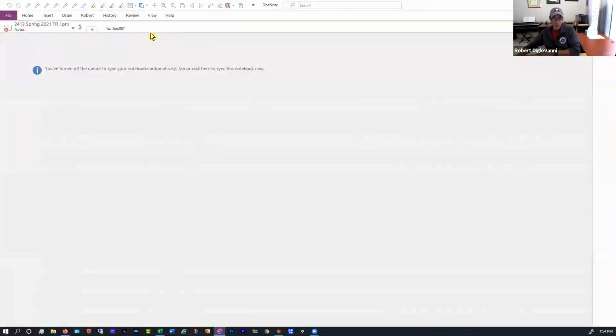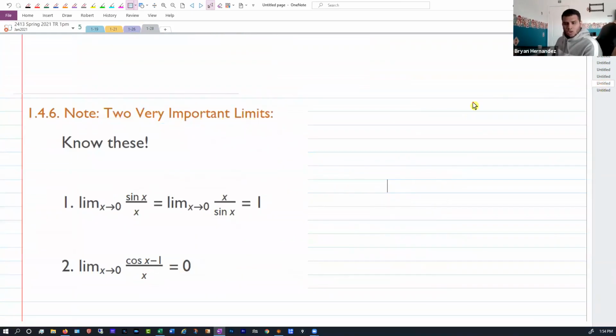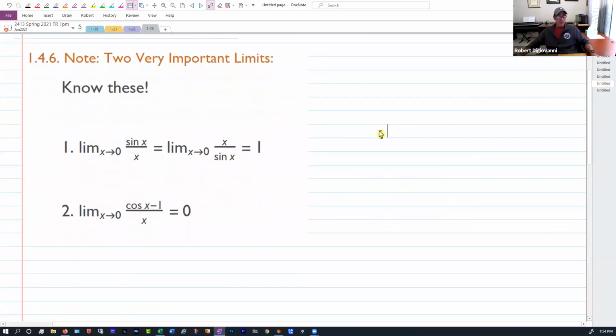We're going to continue. We're still in the same section. All right? We have not moved into the next section yet. All right, so there are 2 very important limits that I'm going to tell you what the limits are, and I'm not going to show you why these limits are equal to what they're equal to.